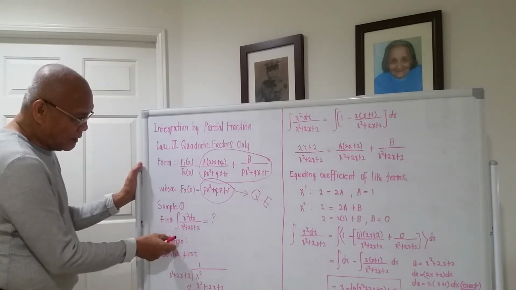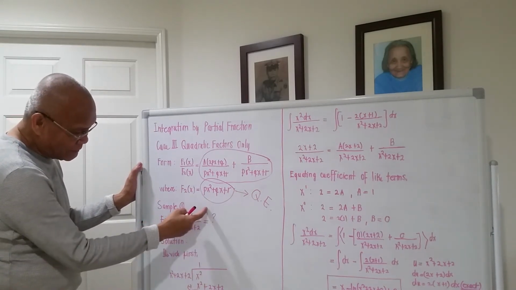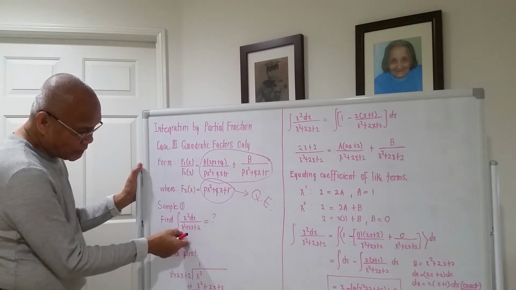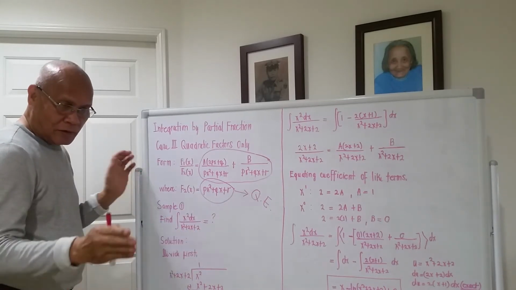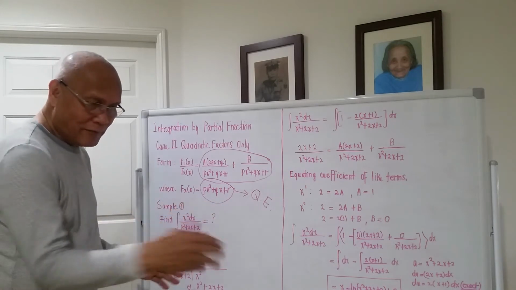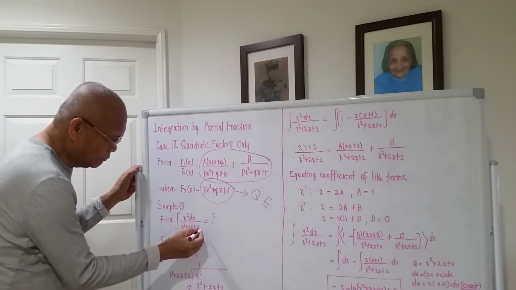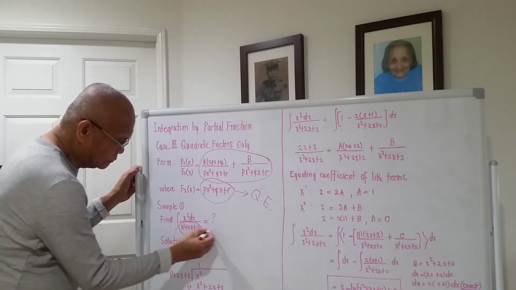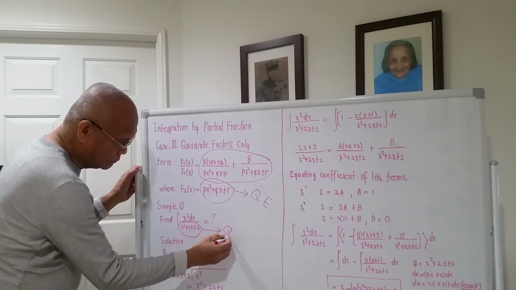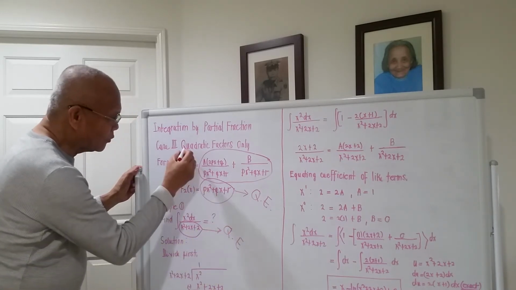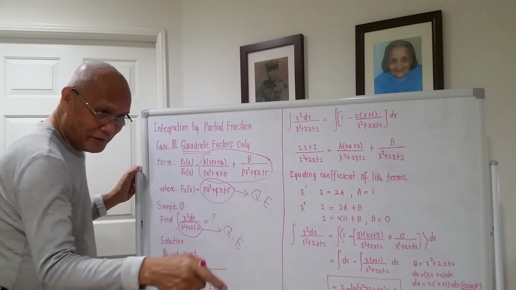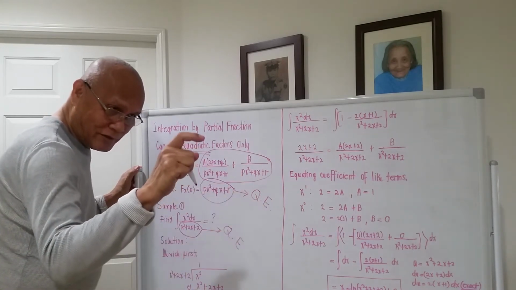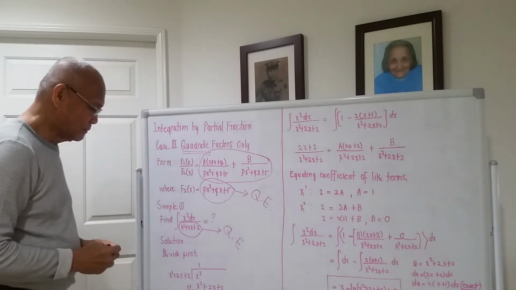Find the integral of x squared dx all over x squared plus 2x plus 2. The one on the denominator is a quadratic equation. Quadratic, meaning the highest power of x is to the second power.